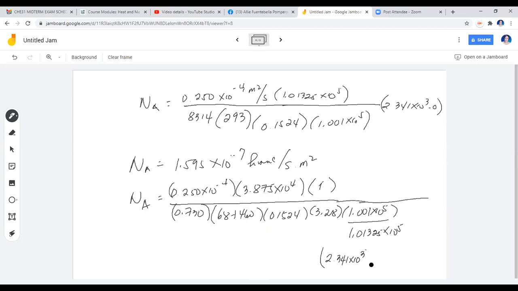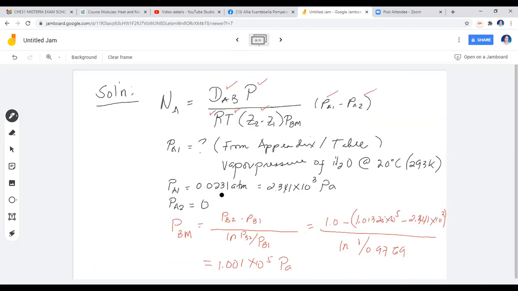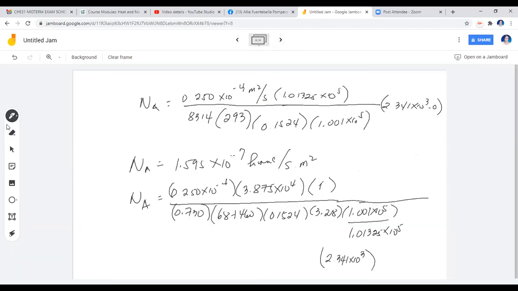So it's okay, ATM already. Wait, I'm not sure. The 2.3, that's Pascal. I'm sorry. So 0.0231 is the appropriate value here, the one in ATM, not in Pascal, because Pascal is for the English.